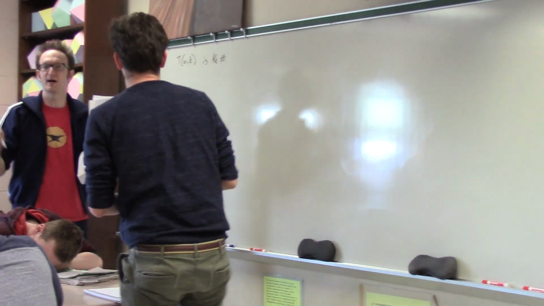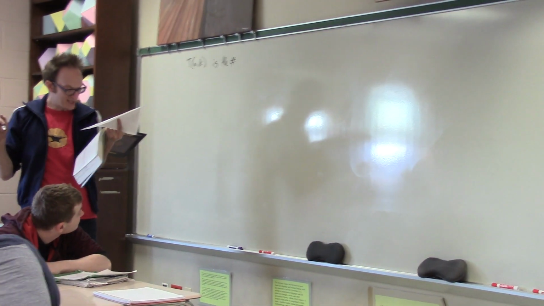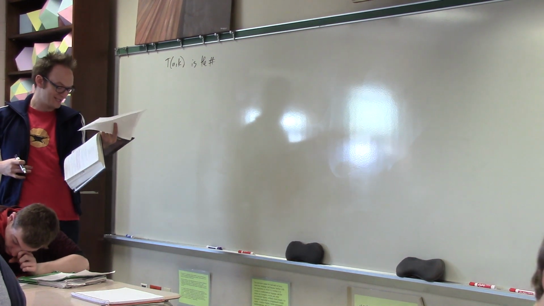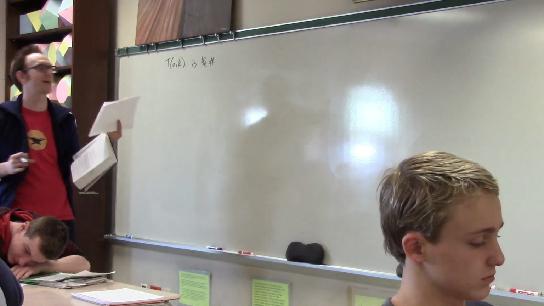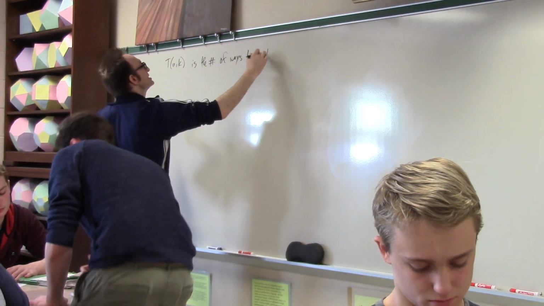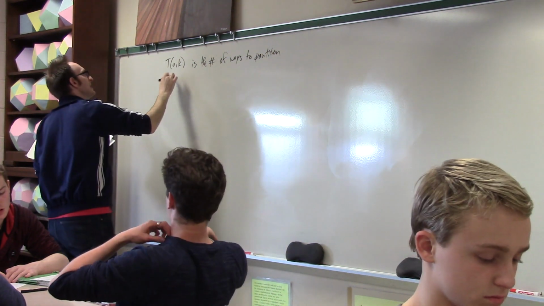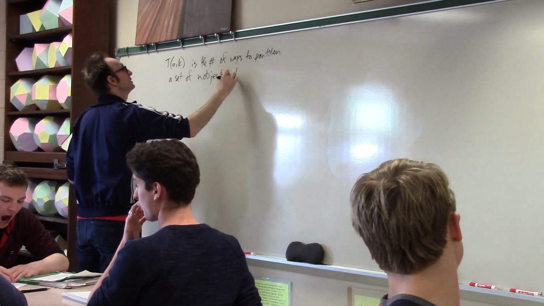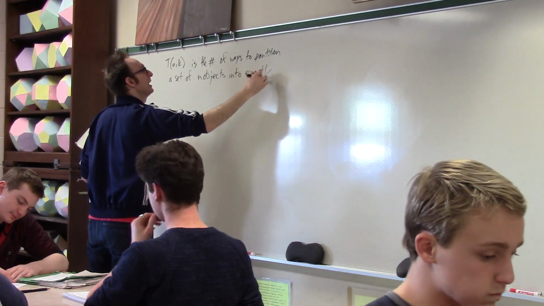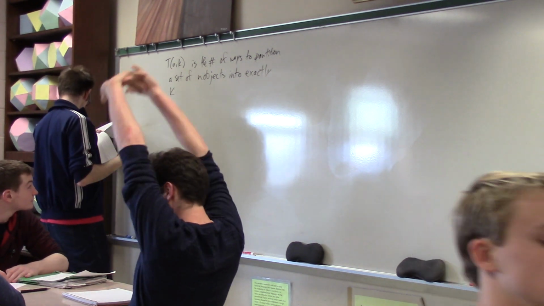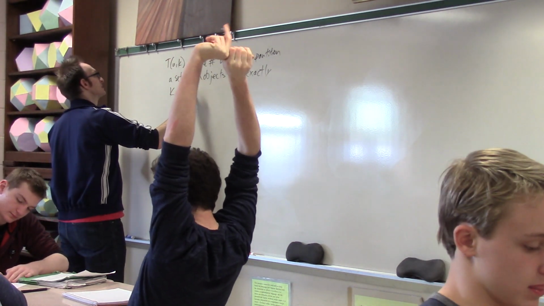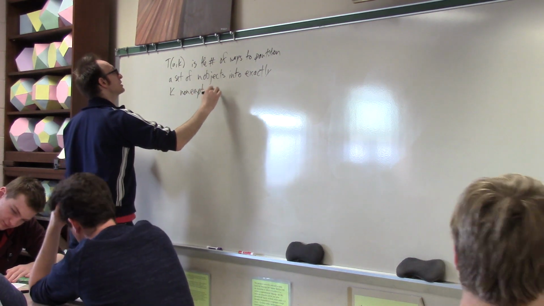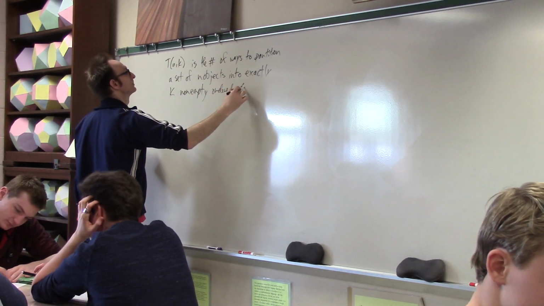T(n,k) is defined to be, a sort of combinatorial primitive, the number of ways to partition a set of n objects into exactly k non-empty ordered subsets.